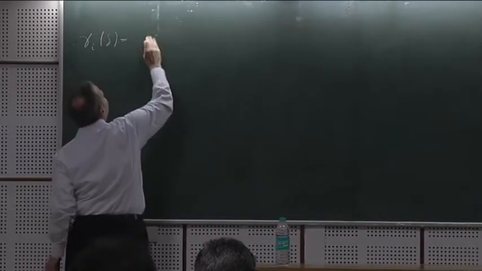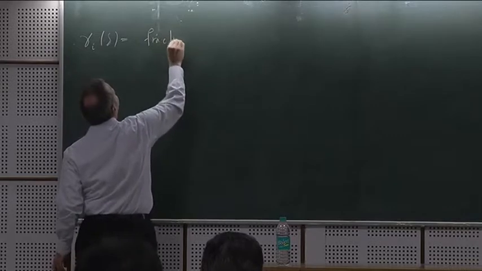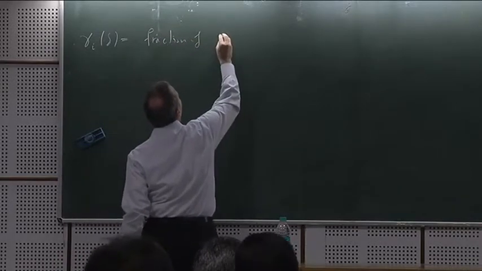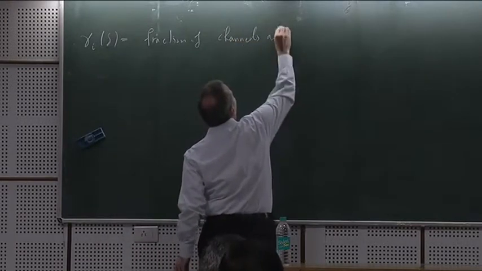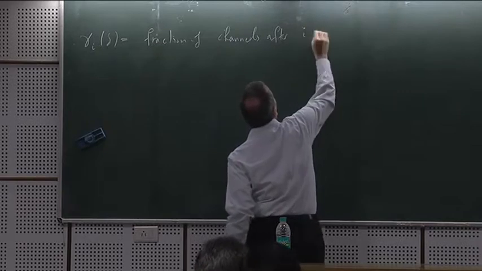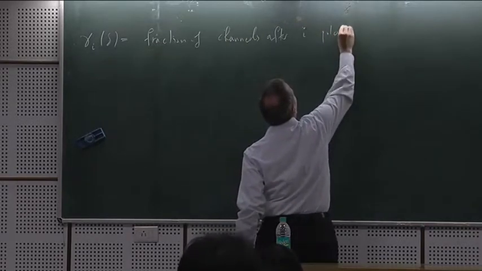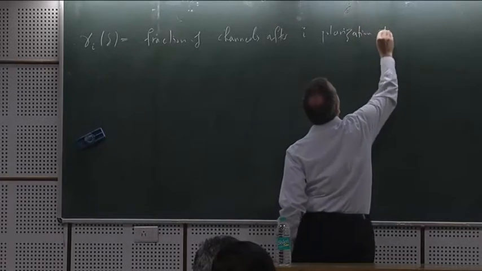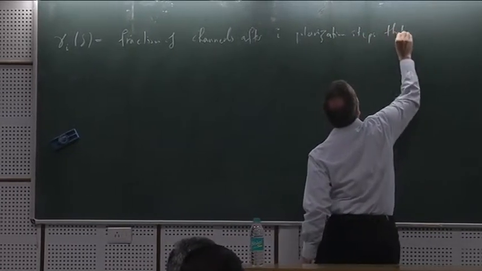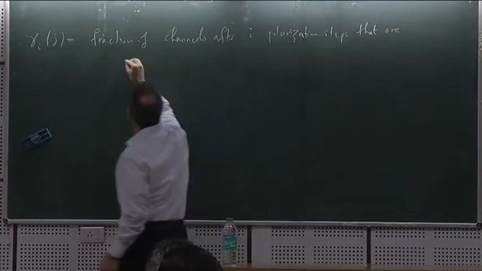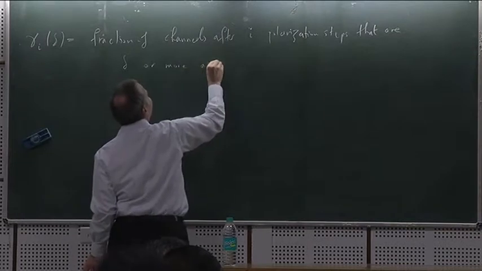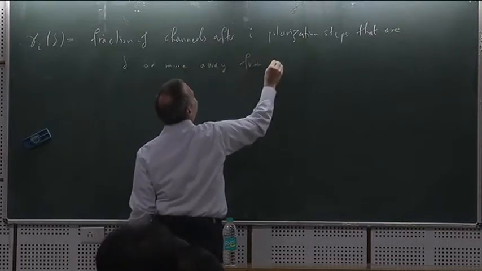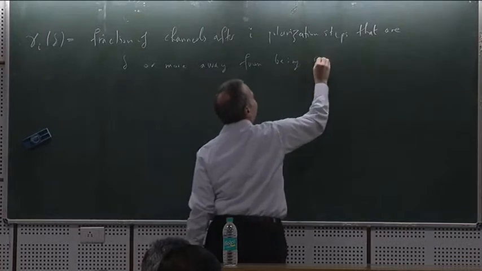Gamma I of delta is the fraction of channels after I polarization steps that are delta or more away from being extremal.